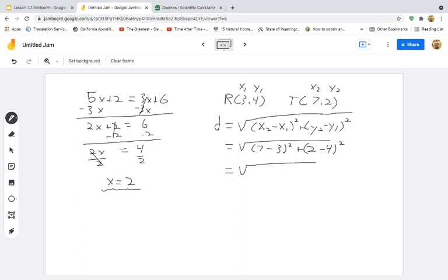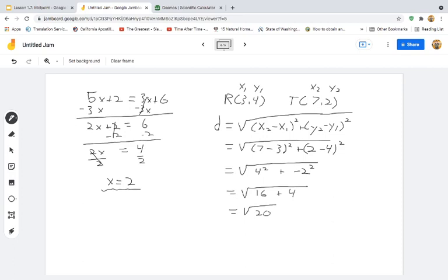Okay, next we have 7 minus 3 is 4, so we have 4 squared, plus 2 minus 4 is negative 2, so negative 2 squared. 4 squared is 4 times 4 is 16, plus negative 2 times negative 2 is a positive 4. And so really this is just the square root of 16 plus 4 is 20.